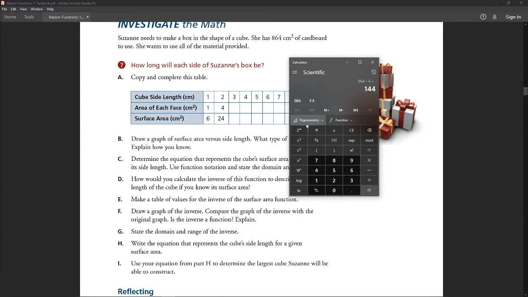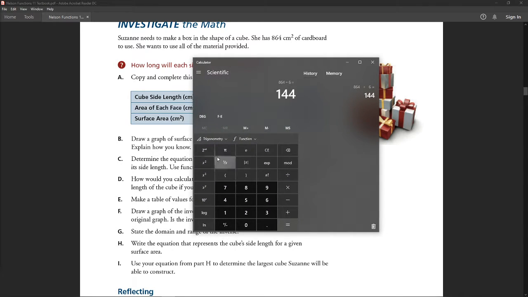Help, I'm dumb. Where is the square root symbol? 90% sure that's pi. Yep. Let me go back here. The square root.